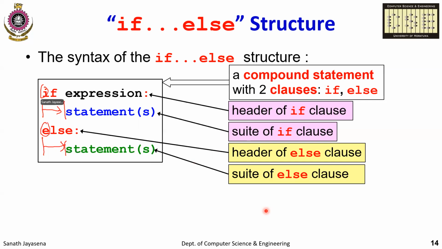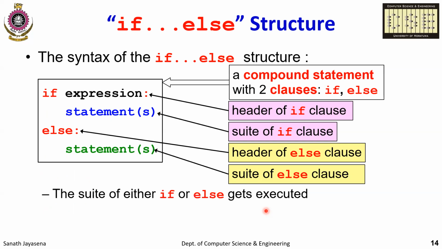Anything that comes after this, like a print statement or A equals B plus C, will be at the same level of indentation as if and else. So the indentation is very important. That's how you keep the structure and say which statements belong where. We express that part using indentation.